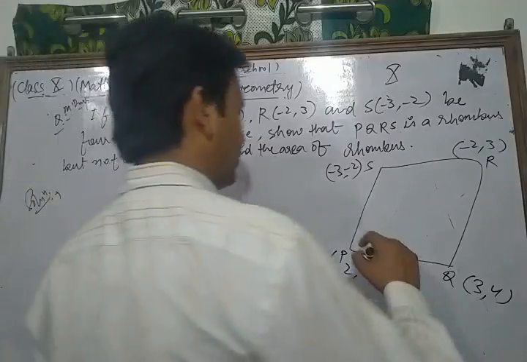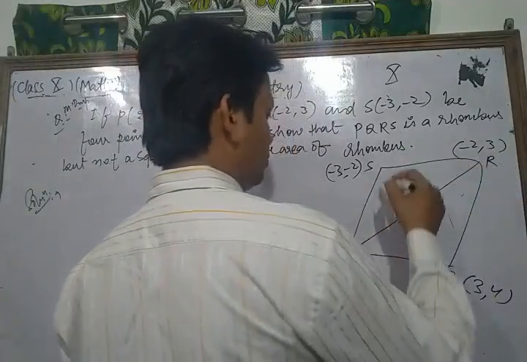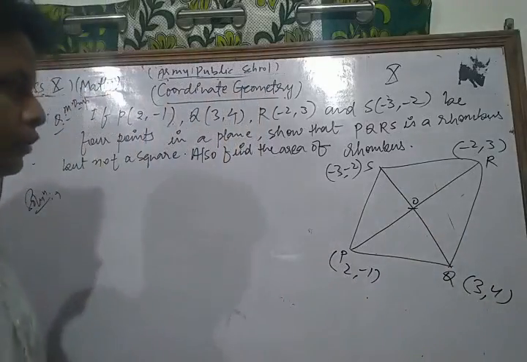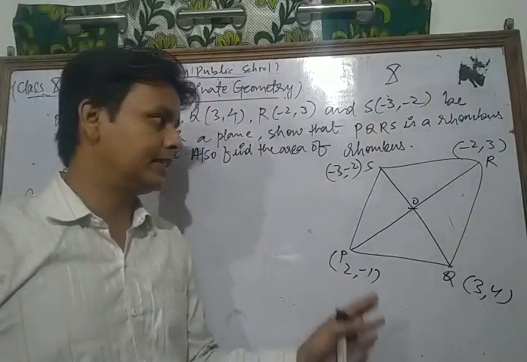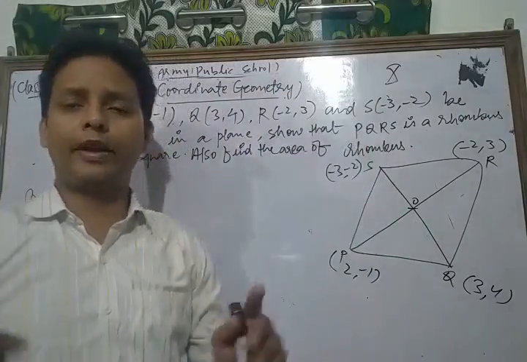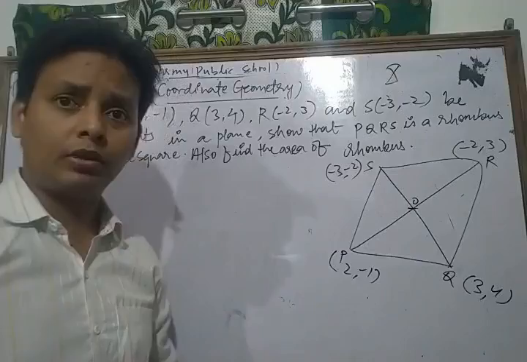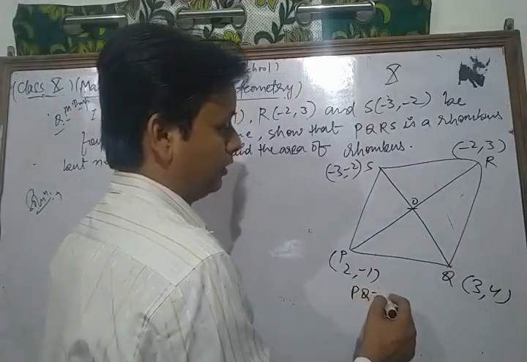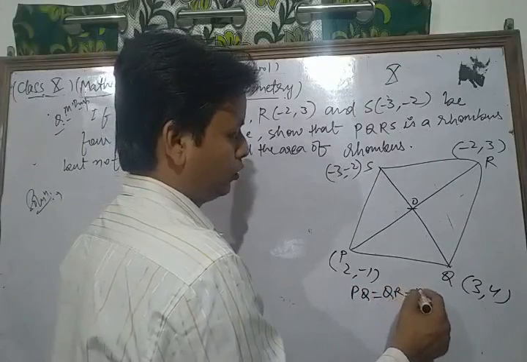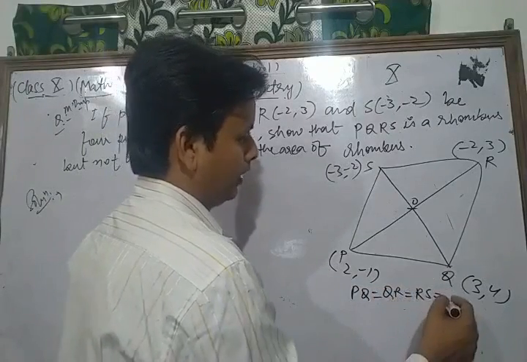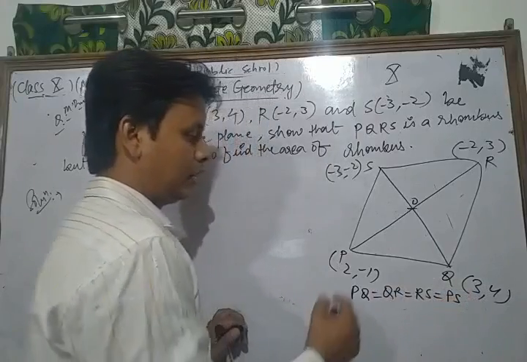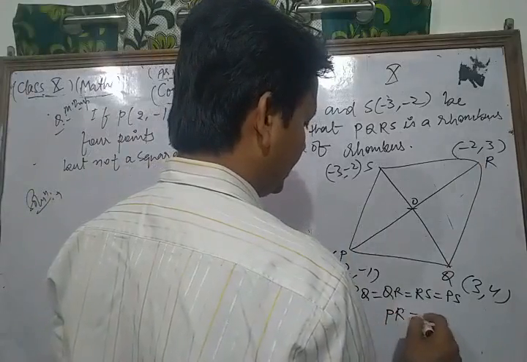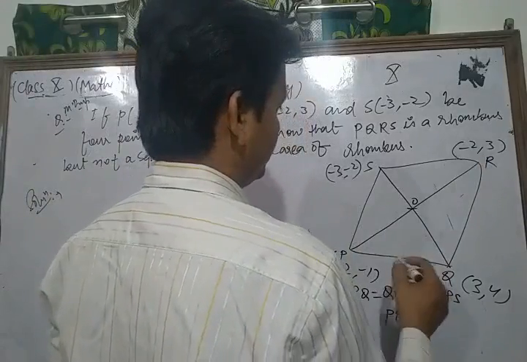We join its diagonals PR and QS, which intersect at a point. Dear friends, PQRS are the vertices of a rhombus, but not a square, if and only if all of its sides are equal, that is PQ = QR = RS = SP, but its diagonal PR is not equal to QS.